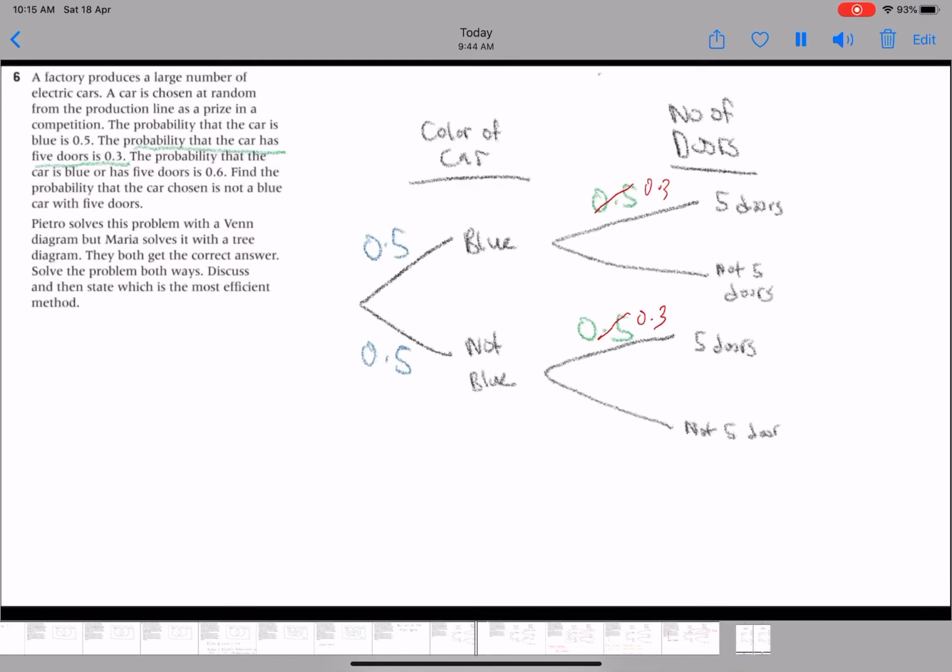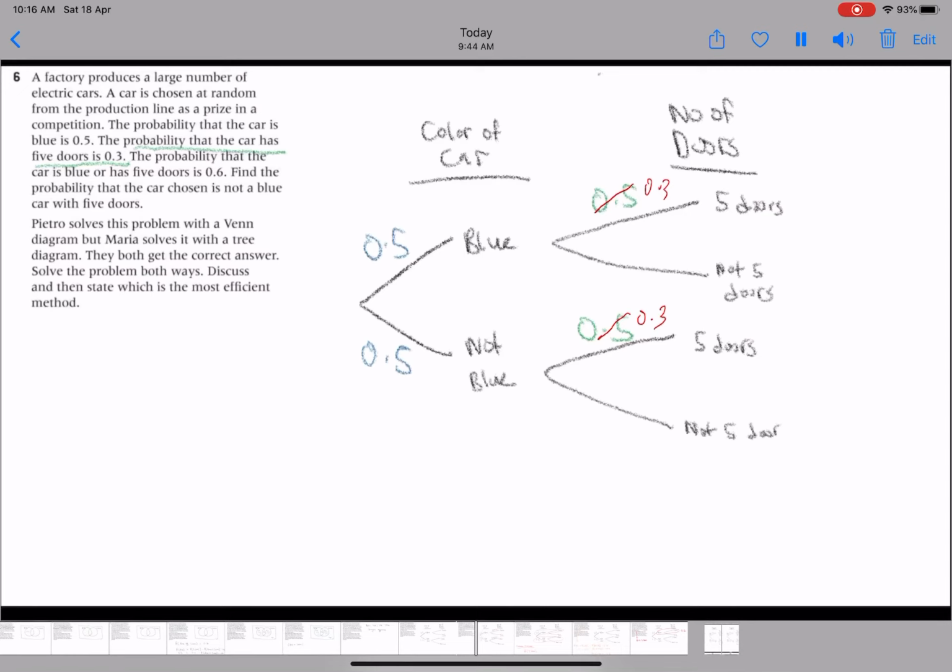So does it mean it should be 0.3? No, because each of those lines is a conditional probability. The branch at the top represents the probability of 5 doors given the color of the car is blue.